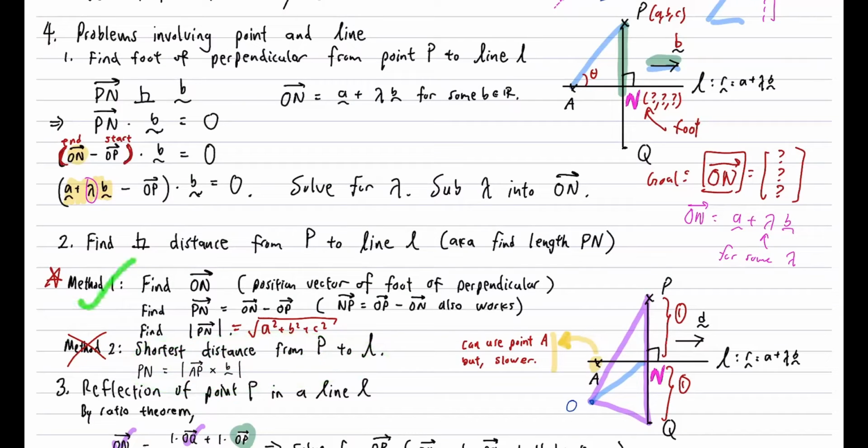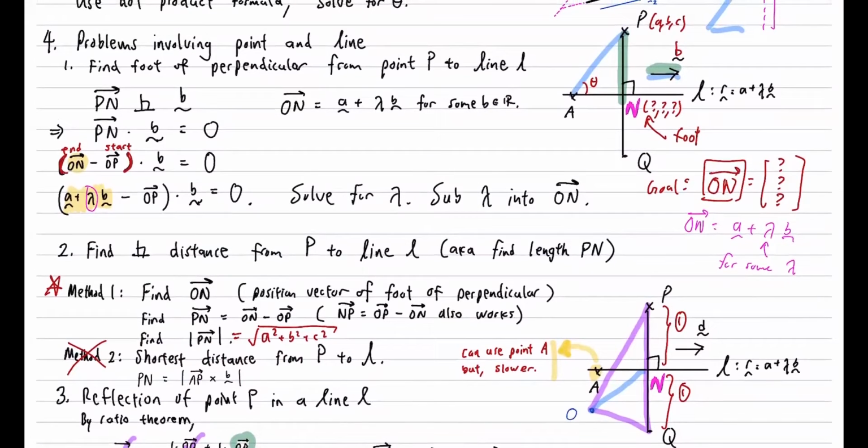I prefer method 1. Why do I prefer method 1? Make a guess. Like, don't need to memorize the formula. Yes, that is one thing. But the more important thing is that there is synergy. Problems involving a point and a line, and later on, also a point and a plane or a line and a plane, all involve this point number 1: finding the foot of the perpendicular from a point to a line.